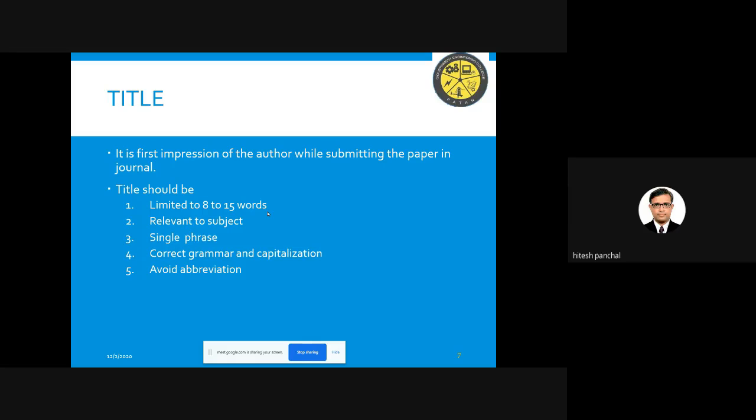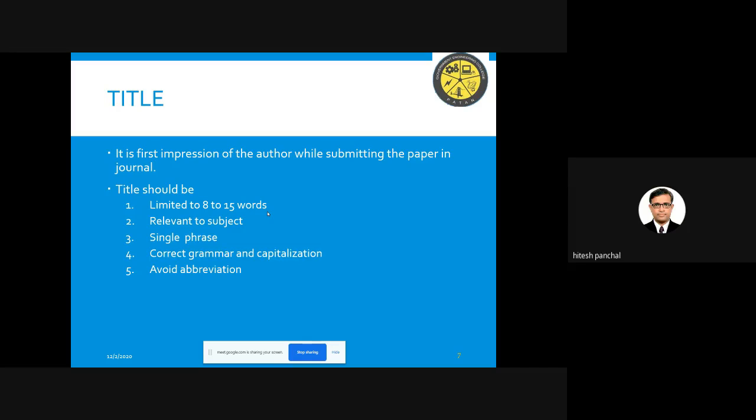If your title, abstract, and conclusion are not matched, that means your research work is meaningless, and definitely your paper will be rejected. And you will get an email from the editor-in-chief that your paper is rejected due to this reason. But sometimes the editor-in-chief does not give the reason also. Okay, that's why your title should be relevant to the subject only.